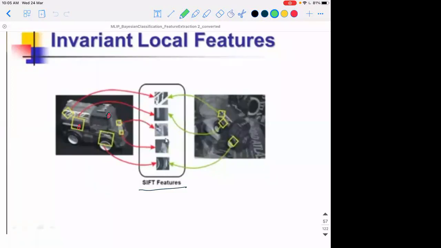So the usual problems in image processing or computer vision are we need to match across different images, or we need to match a template in a given image, or we need to recognize an image based on some features of the image.